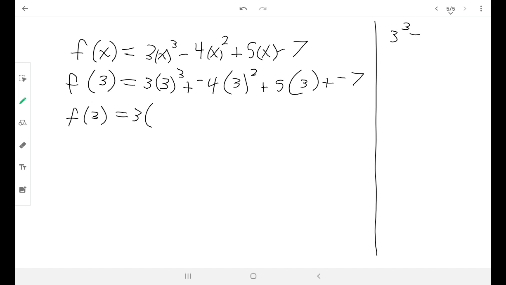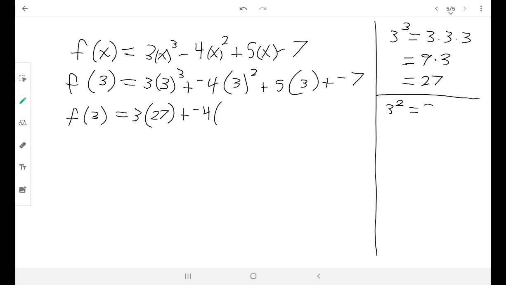3 to the third means 3 times 3 times 3, which is, if I put these two together, that's 9 times 3, which is 27. So 3 times 27, plus -4 times 3 to the second means 3 times 3, which is 9.